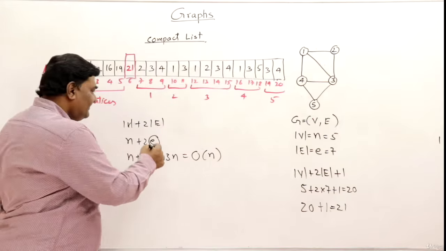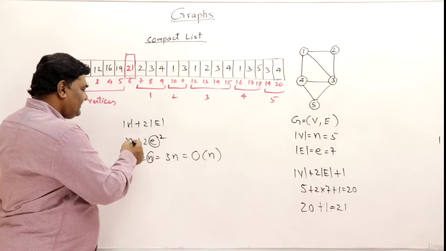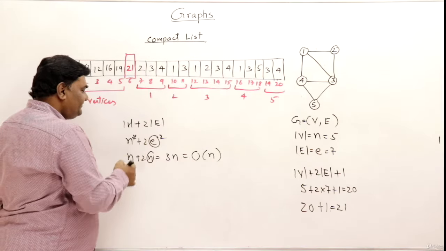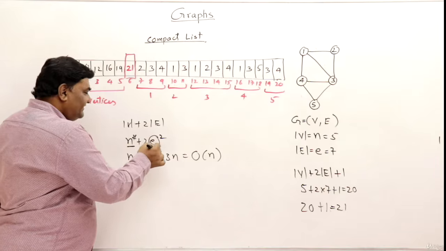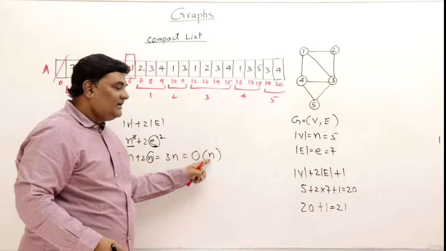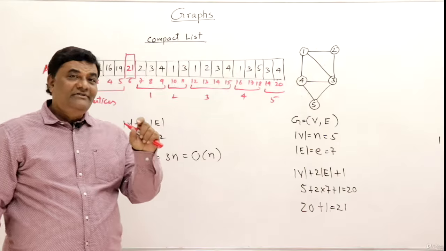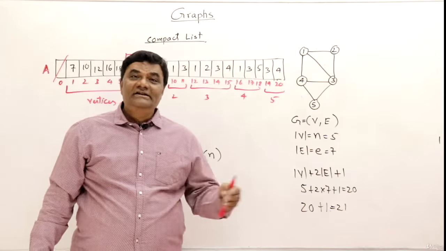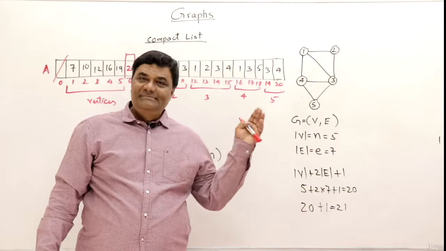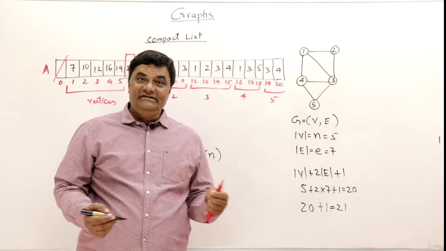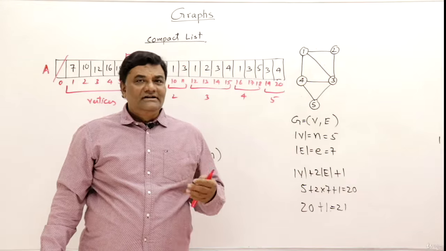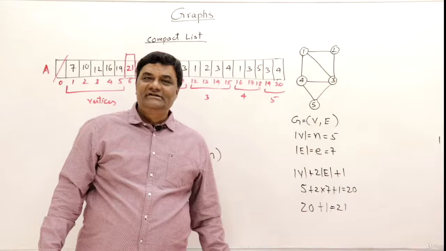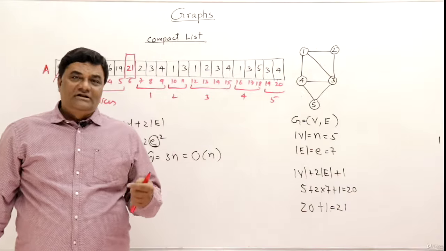It's not e square, which would be quadratic, and it's not n square. So both are linear. So n here does not mean a variable n; it means linear. So the space consumed by the compact list is linear. That's all. In the coming videos we will see algorithms on graphs.